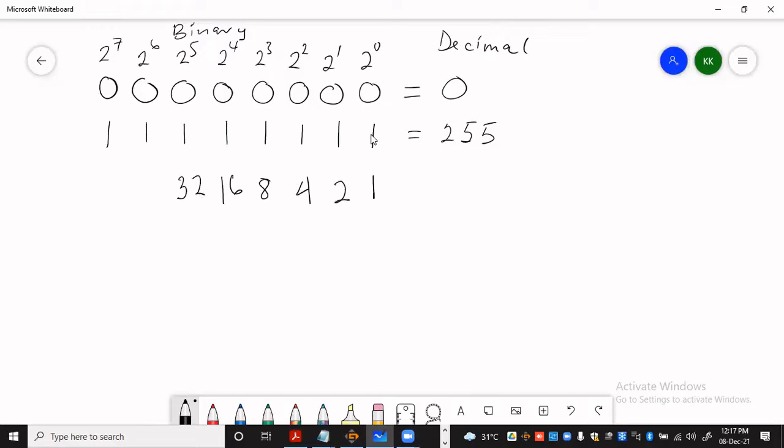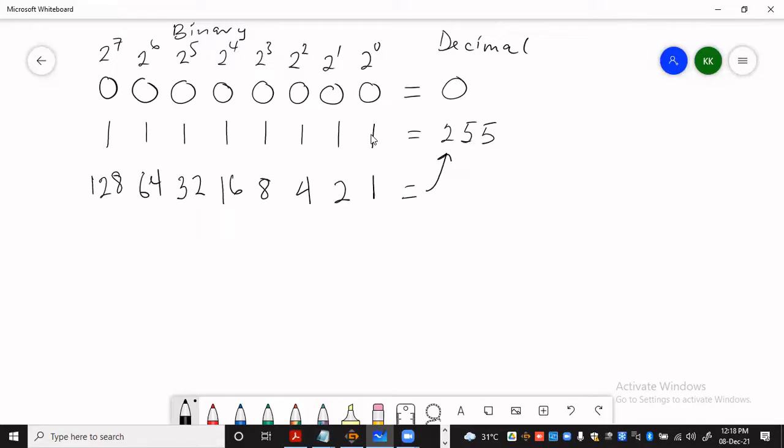2 raised to the power 6 is what? 64. 2 raised to the power 7 is 128. Now, if you were to add up all of this decimal value, you get a decimal value of 255.